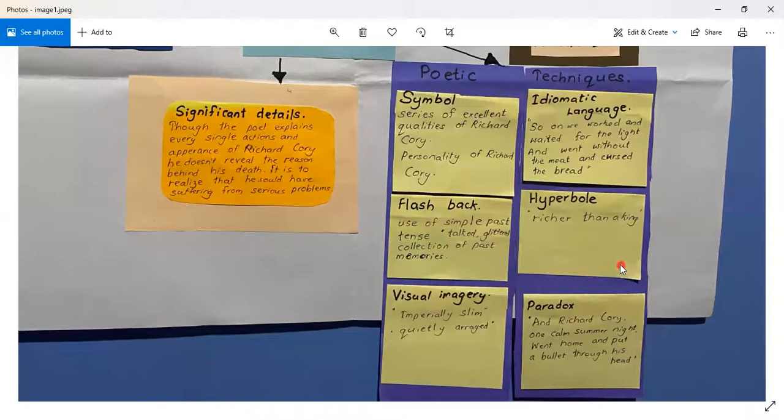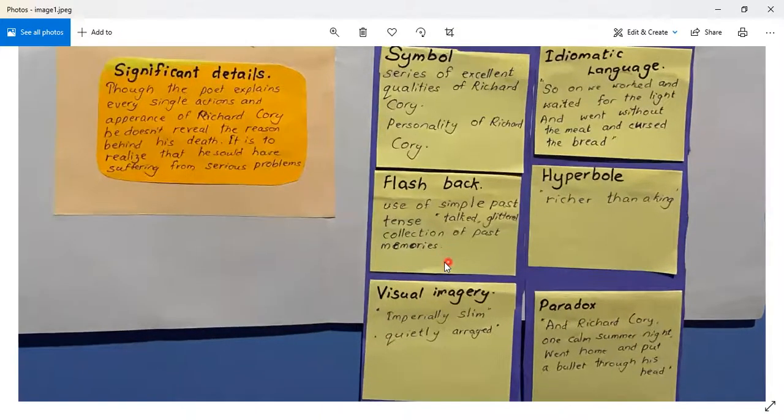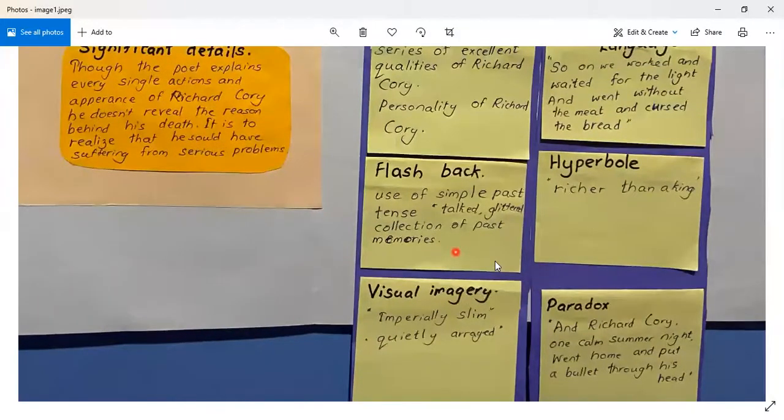And also this is the flashback, another technique. Why do we say the flashback is a very powerful and effective technique in this particular poem? The poet used past tense. Yes, for the whole incident the poet uses the simple past tense.